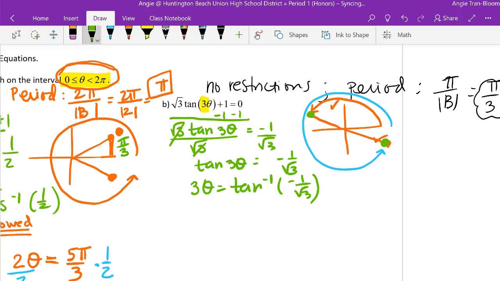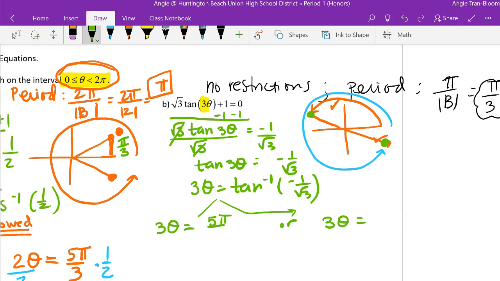So you can have 2 answers. 3 theta is either at this or at that. So you tell me. What angle should we write down in radians? It's a multiple of pi over 6, but I'm in quad 2, so that would be 5 pi over 6. And in quad 4, it's 11 pi over 6.